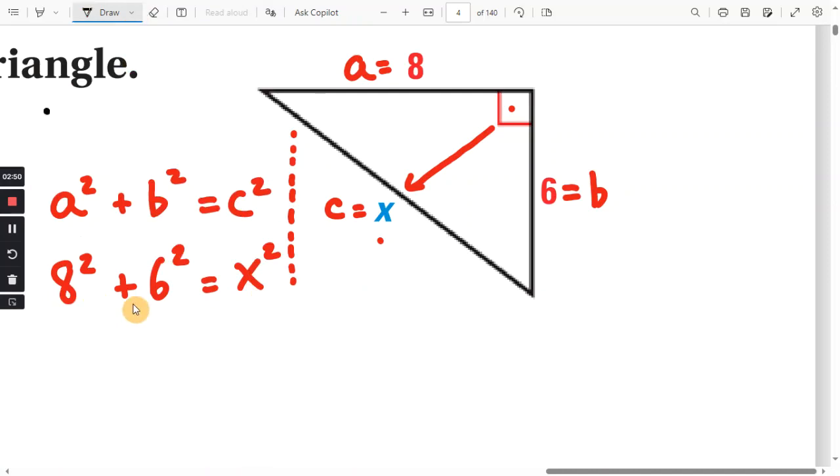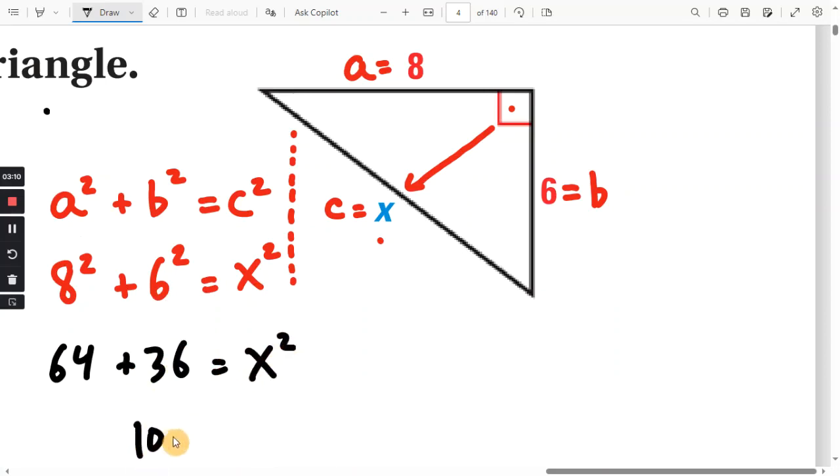Now, you can do one of two things. You can finish this if you want to, or you can just take the square root right here. I'll finish it for now, but then I'll show you the shortcut. 8 squared is 64. 6 squared is 36. And that equals x squared. And of course, adding these two, that's just 100.